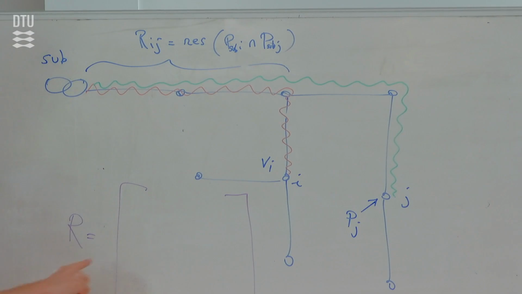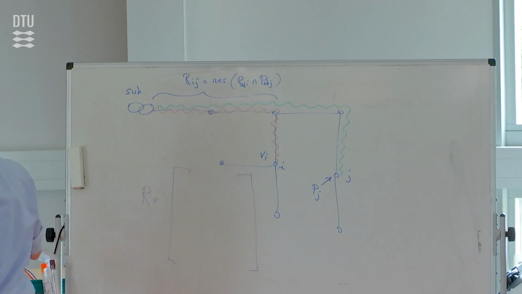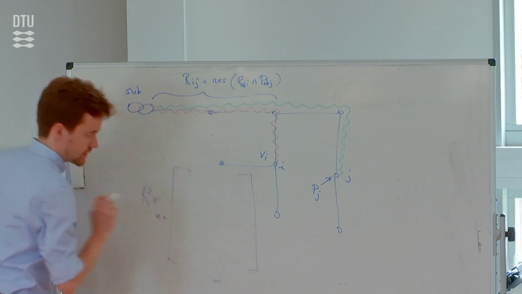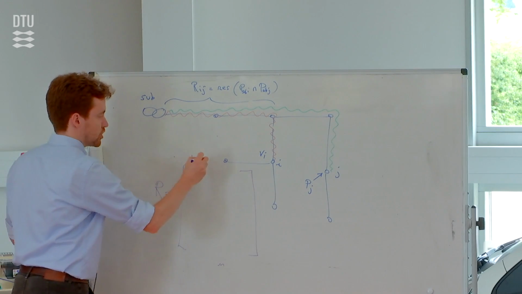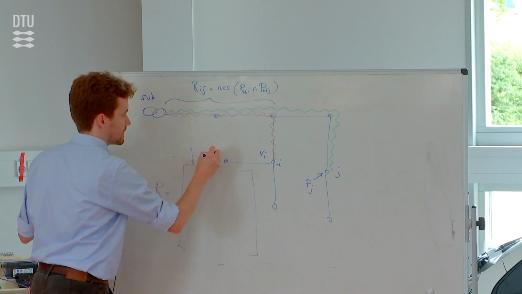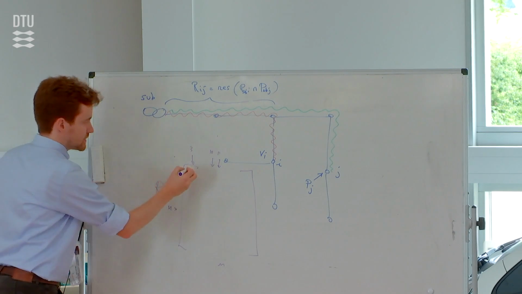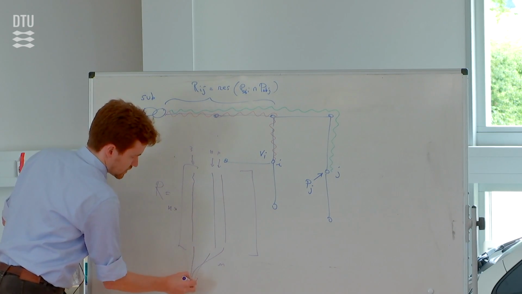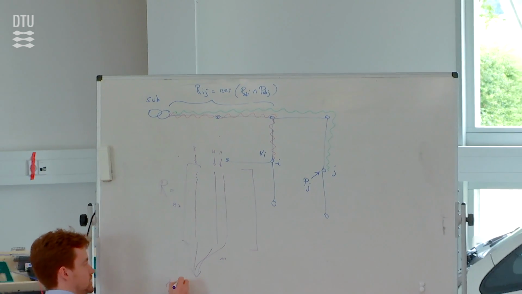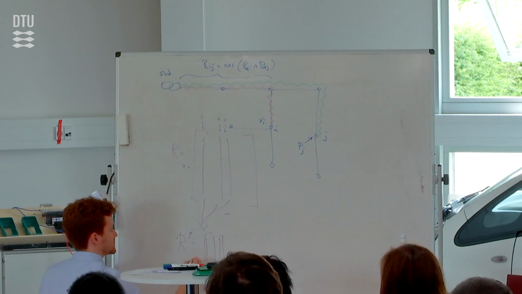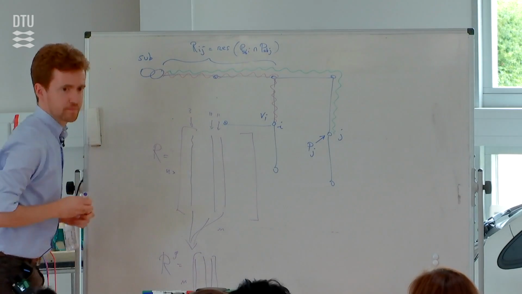So this matrix R is, let's say N is the number of buses, N times N. And if you have generators only in some buses, I don't know, bus 3, 10, and 11, then you take this column and this column, and you put them together in RG, which is N times 3, okay?